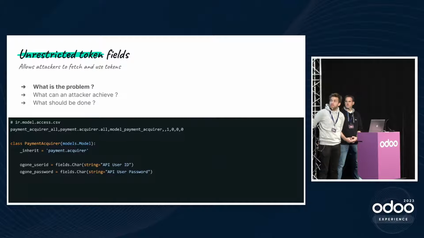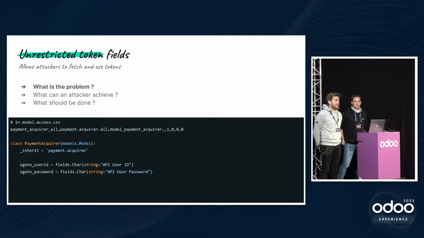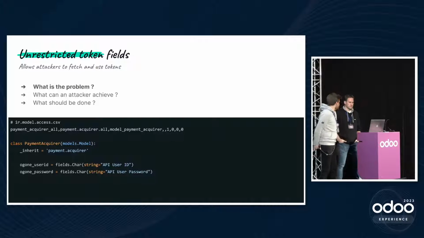So in this case, portal users can read the Ogone passwords of your payment provider. And this is not something we made up. This is something that actually occurred in the Odoo source code. Of course, it was fixed many years ago. This is a very old example, but it happened.